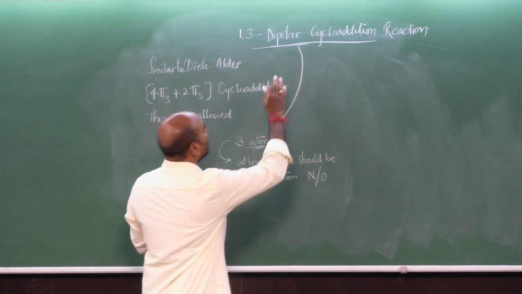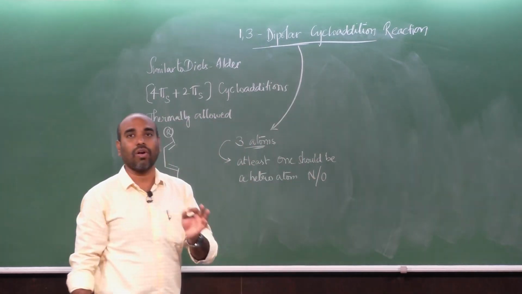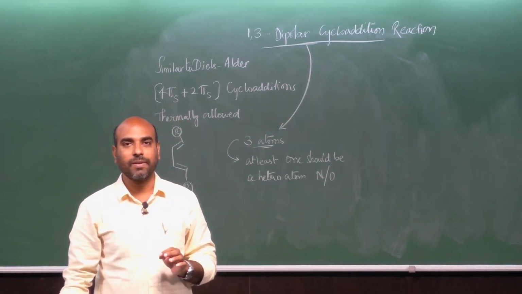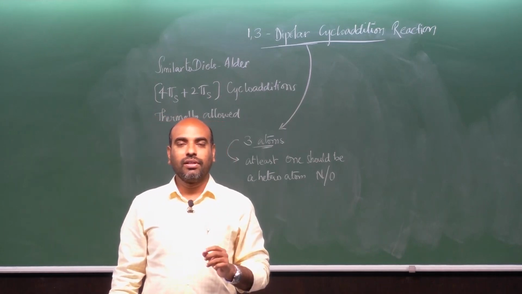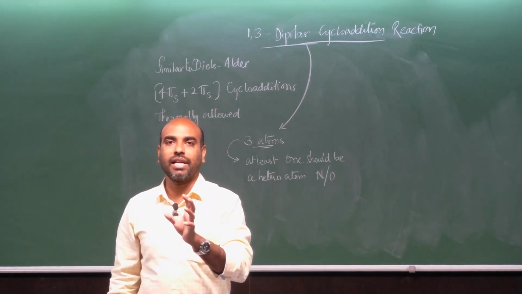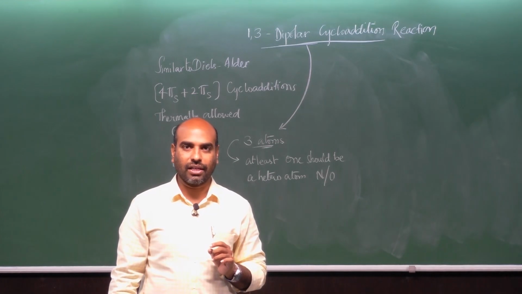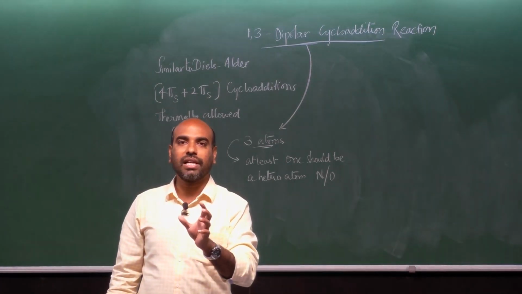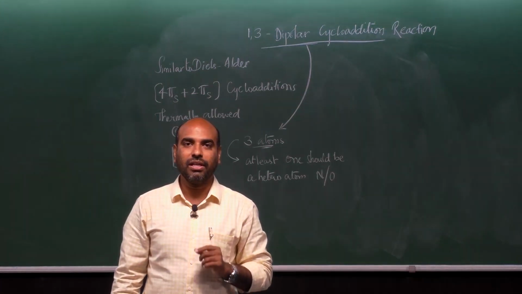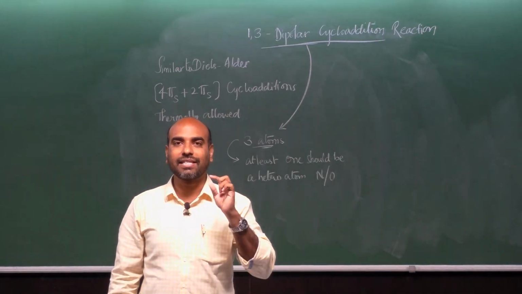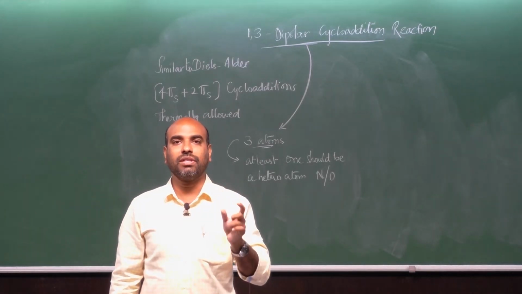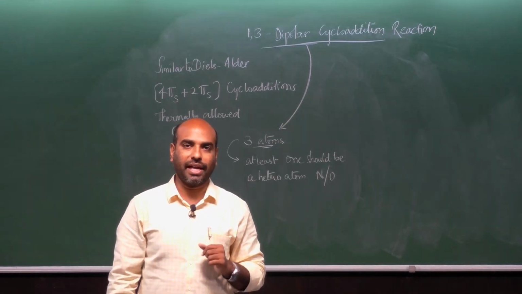Whereas these 1,3 dipolar cycloaddition reactions are special because they will give you a 5-membered heterocyclic ring system. 5-membered heterocyclic ring molecules will be synthesized. That is the excellent synthetic applicability of these 1,3 dipolar cycloaddition reactions.